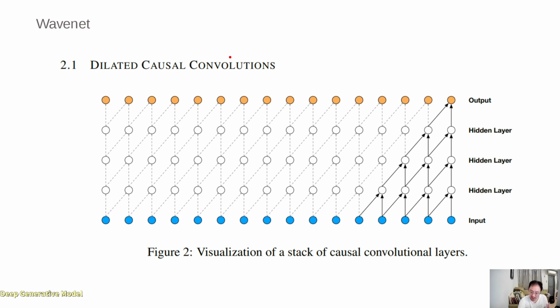So in 1 second, it is a time series of length 48,000. That is quite long.